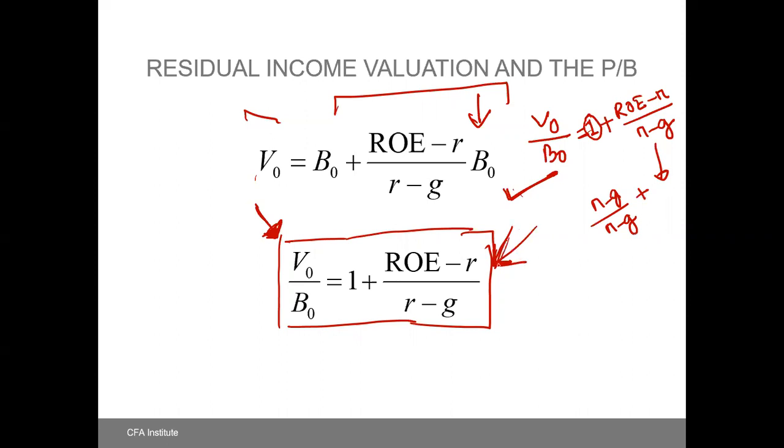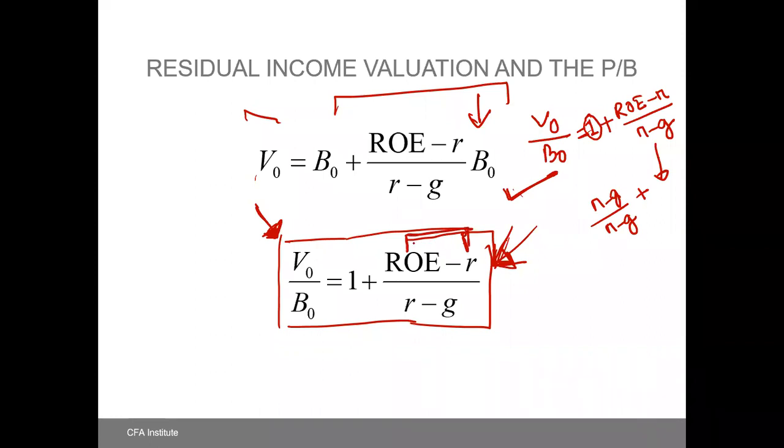I'm not showing you the derivation for the sake of time, but what I want to say is that this represents that if the firm has this number positive, the firm is generating a return on equity greater than the cost of equity. In that case, you'll see the justified price to book value multiple is greater than 1, as this number is positive.